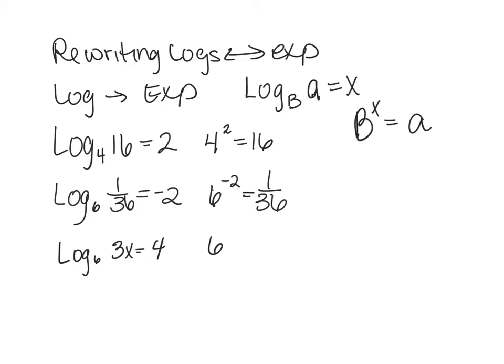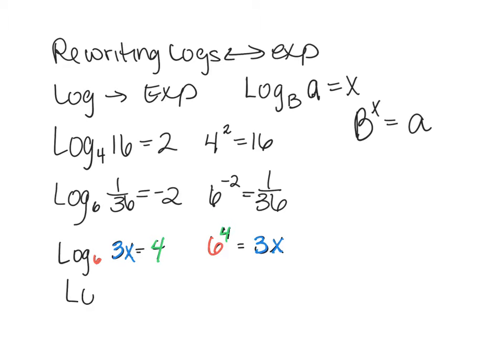What it's equal to becomes my exponent, so 4, and that equals 3x. Let's color code that. Log base 6 of 3x equals 4. So the 4 goes there. And that kind of helps us see where all the numbers are going.